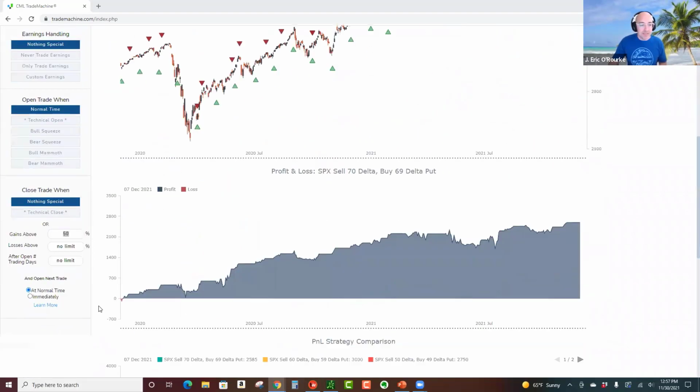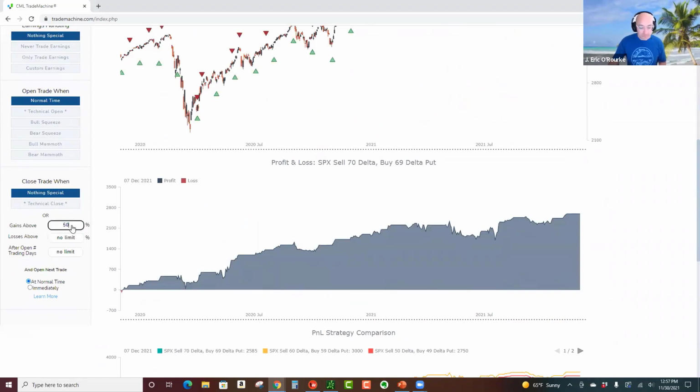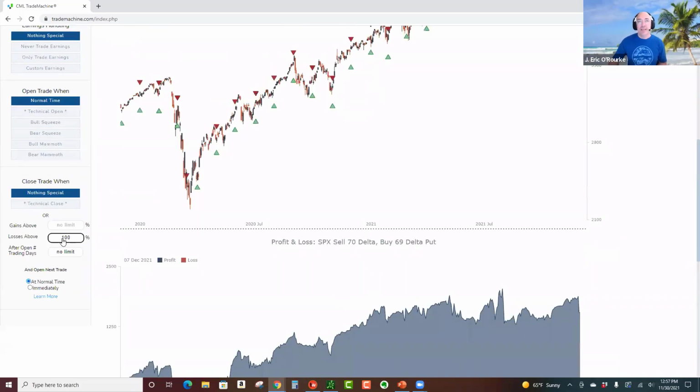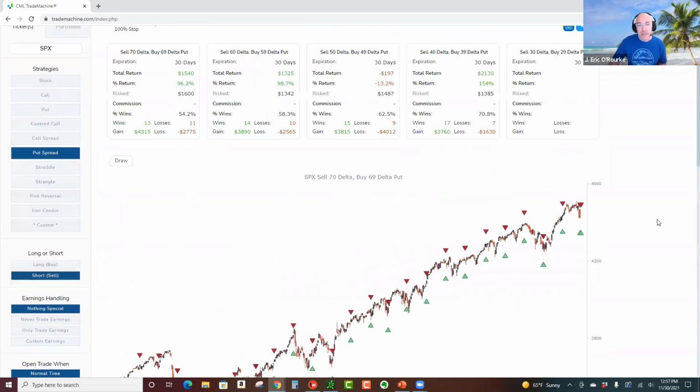The other thing that's semi-universal is stop losses. When I put a stop loss on here, that'll be 100% of whatever the credit is. So if you received $1.50 in credit, as soon as you lose $1.50, it would close that trade.